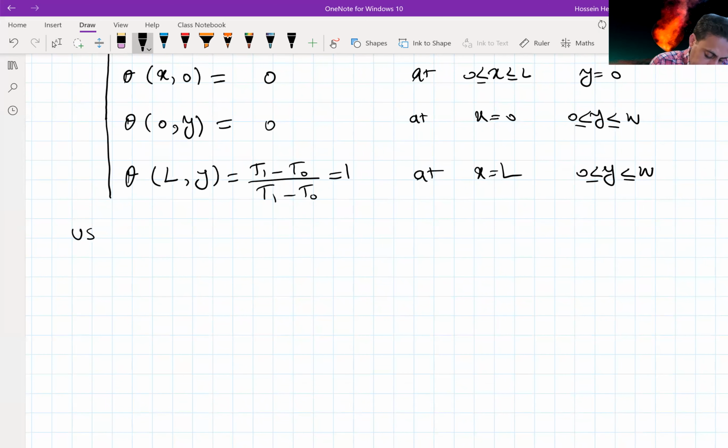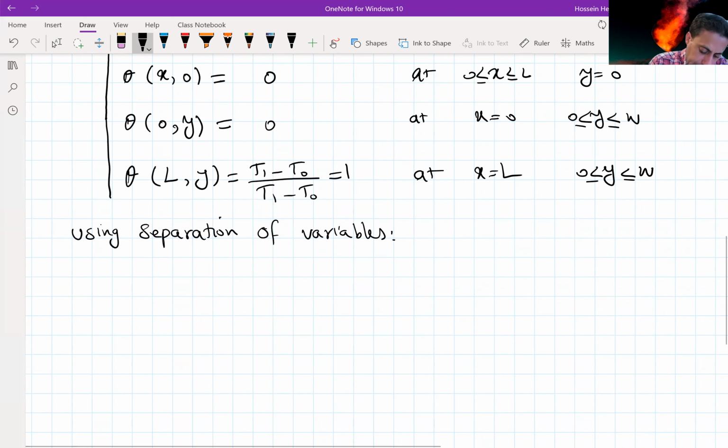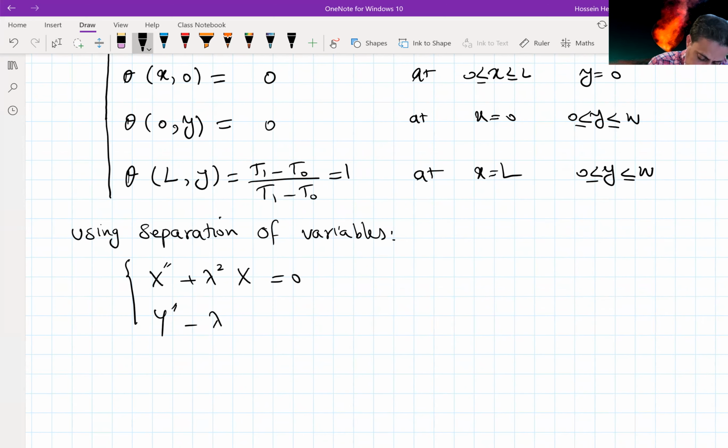Now using separation of variables, we have x double prime plus lambda square x equal to 0, y double prime minus lambda square y equal to 0.